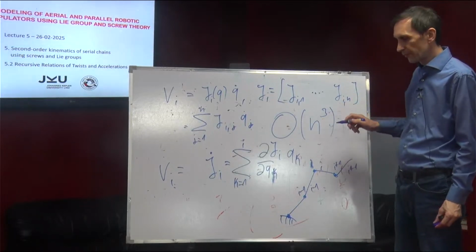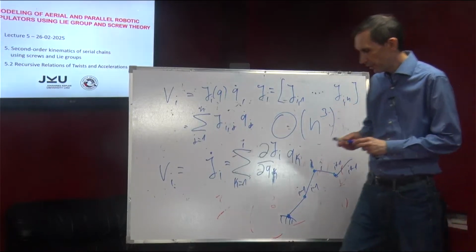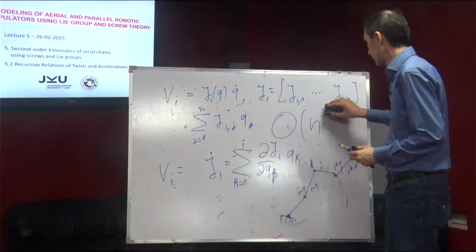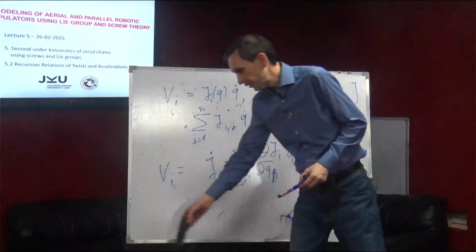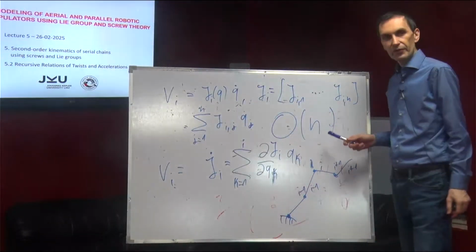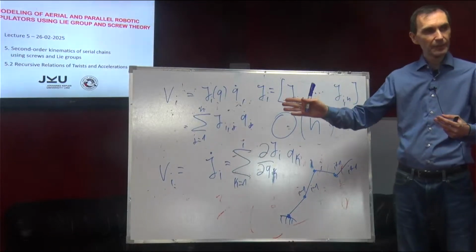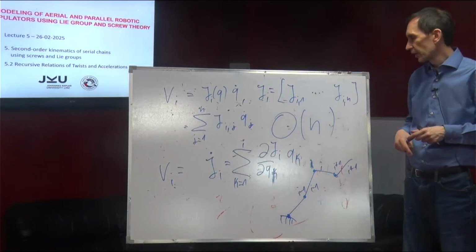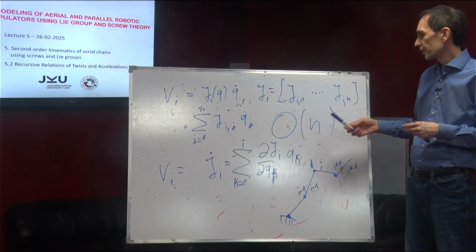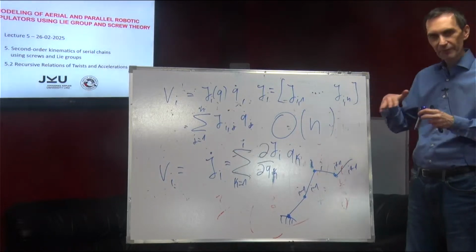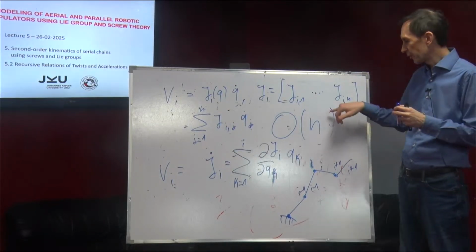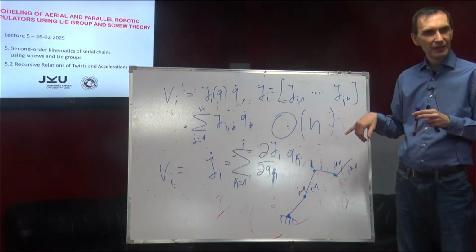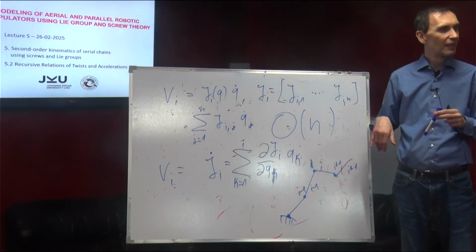And what people are interested in, and there was a long development, is order n methods. So it scales linearly, right? Whenever you have more joints, it goes linearly with this. And you can even ask, is there a way of going even lower, like a power of less than 1?